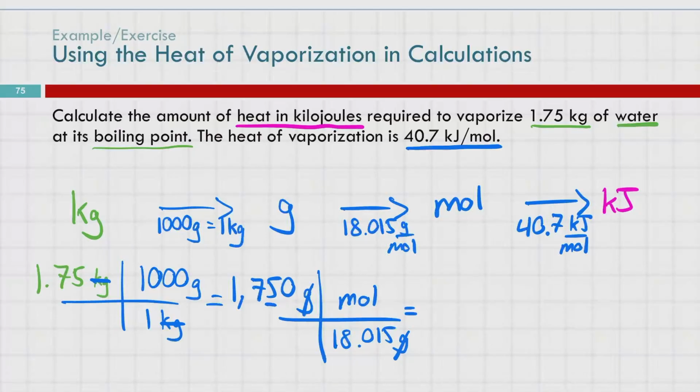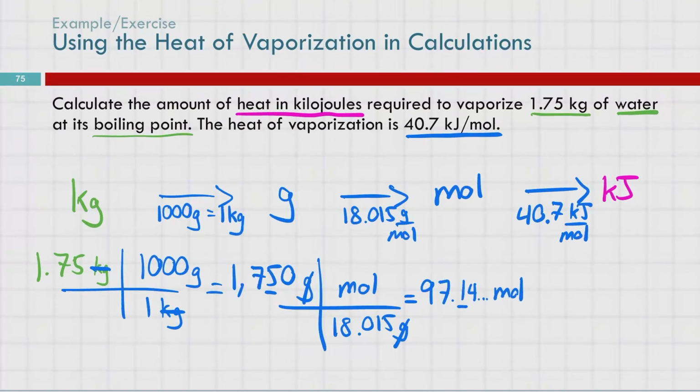It's going to be 90, maybe? 97 is the right ballpark. So 97.14 moles.